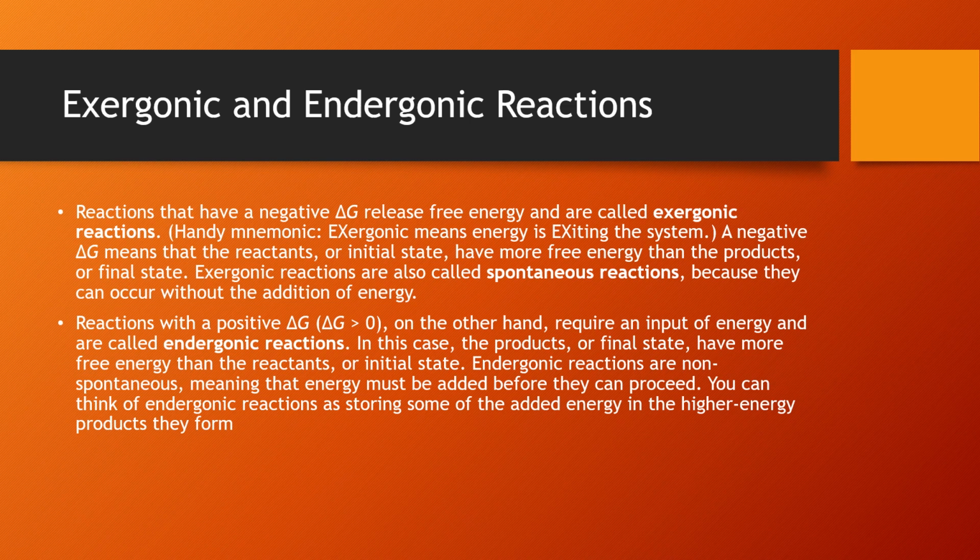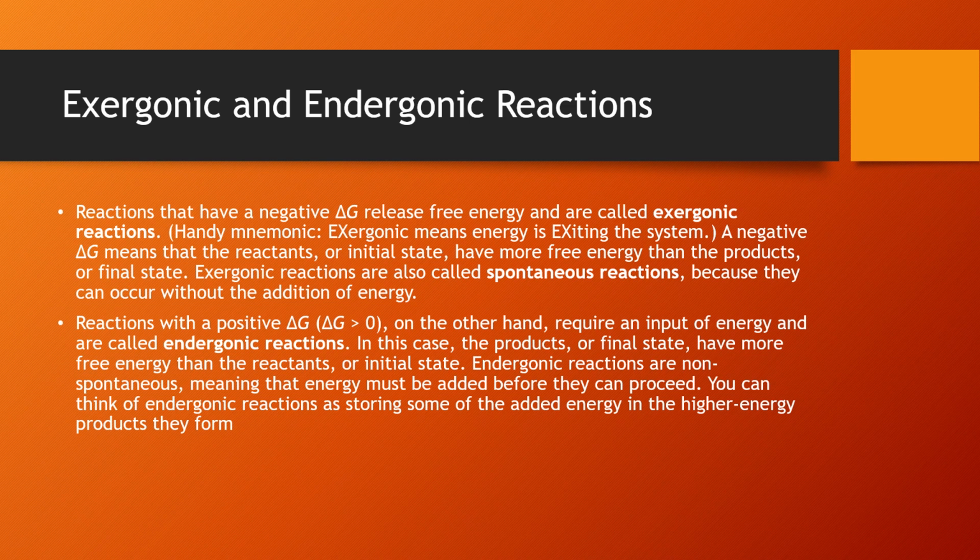Then we shall understand what exergonic reactions and endergonic reactions are. These terms are very similar to endothermic and exothermic reactions, but they refer exactly to the free energy. So exergonic reactions are those in which the delta G is negative. Endergonic reactions are those in which the delta G is positive. In an exergonic reaction, the free energy of the reactant is greater than the free energy of the product.